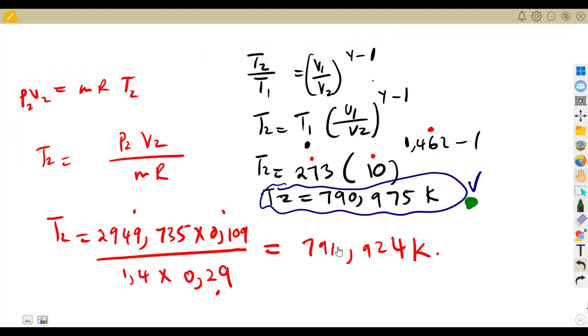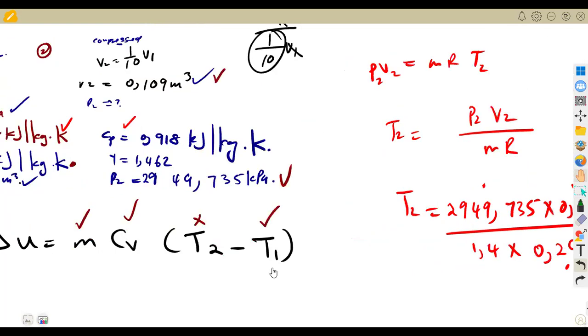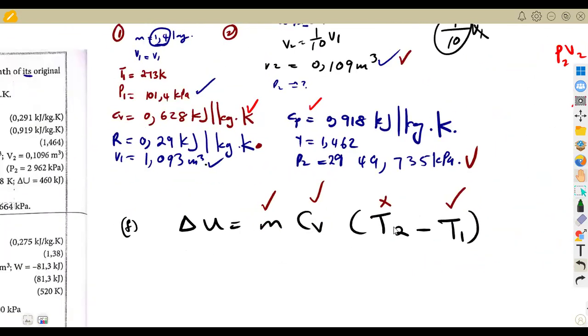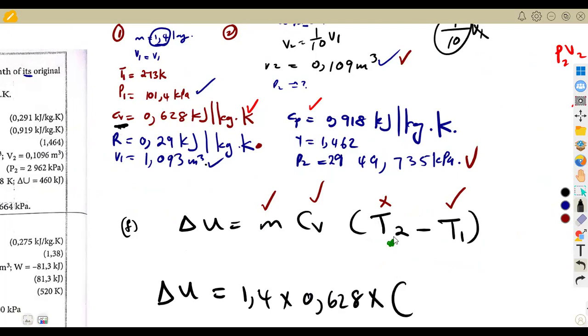All right. So using that T2 that I calculated in the first place, this one of 790, I'm just going to substitute here. I have the change in internal energy: the mass at 1.4 kilogram times the specific heat capacity at constant volume, 0.628, times the change in temperature, T2, the one that we just calculated, 790.975. If you're using the other one, it's up to you guys.